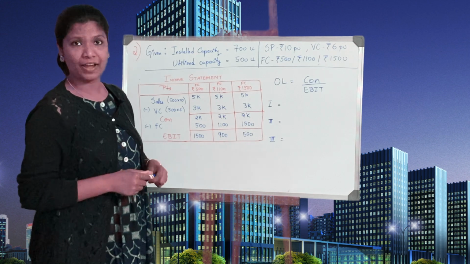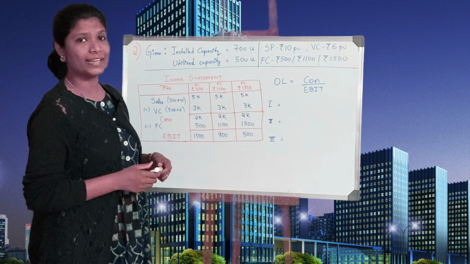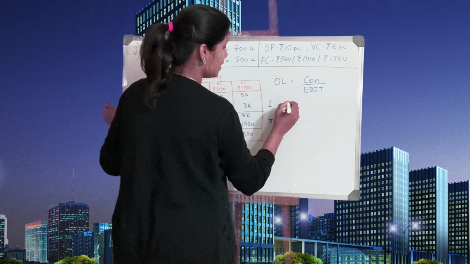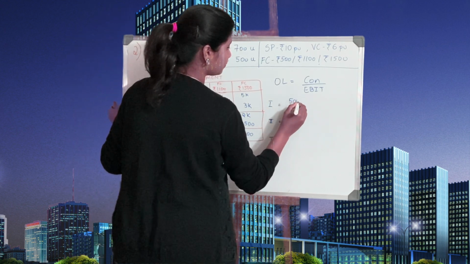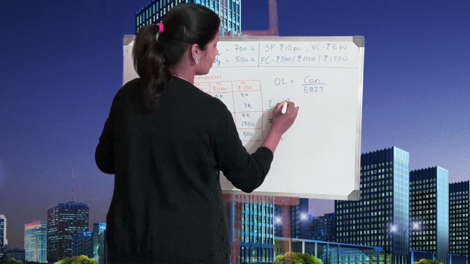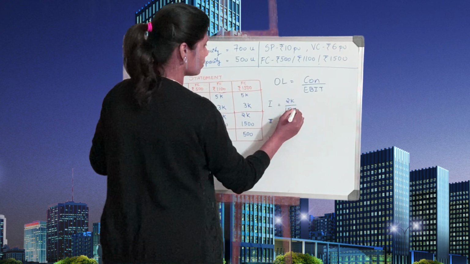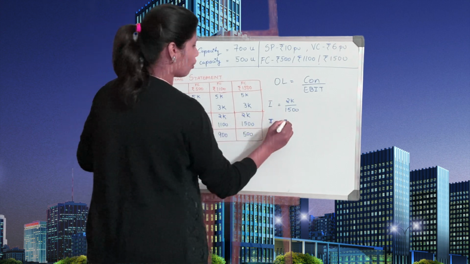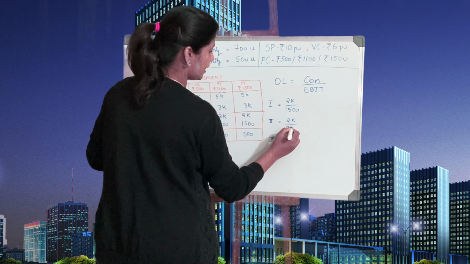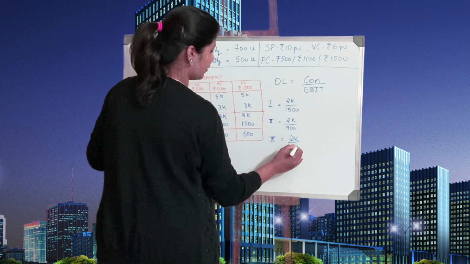So these are the earnings before tax and interest of the company under three different fixed costs: 1500, 900 and 500. Now we can solve the operating leverage formula, contribution divided by EBIT. In the first case, that is fixed cost 500, the contribution is 2000 divided by EBIT, which is 1500. Second case, my contribution is 2000 divided by EBIT 900. The last case is 2000 divided by 500.